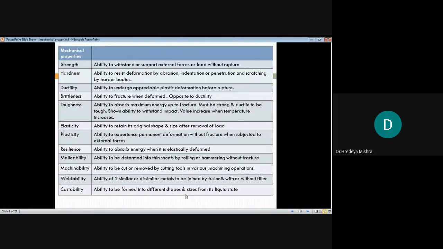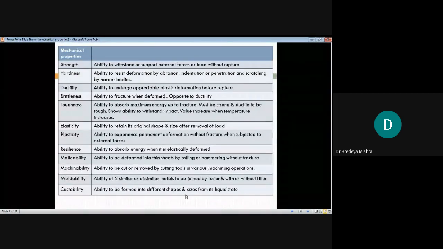In other words, ductility is the property of a material due to which it can be drawn into thin wires by the application of tensile force.